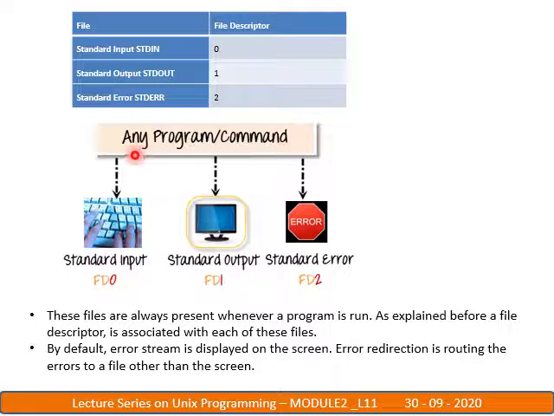So any program and command has these three files: standard input, that is the keyboard; standard output, that is the screen; and standard error, for any error related to the command. These are file descriptor 0, file descriptor 1, and file descriptor 2. These files are always present whenever a program is run, and a file descriptor is associated with each of them.